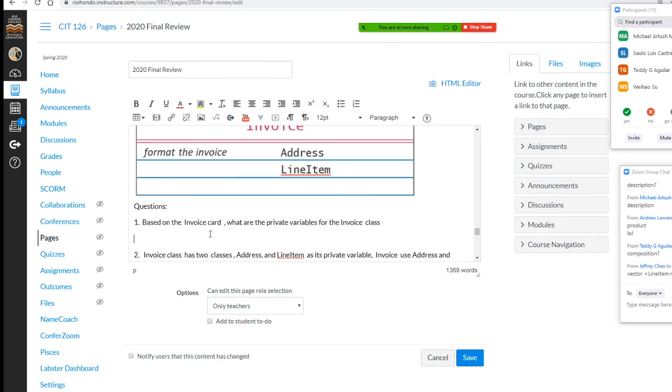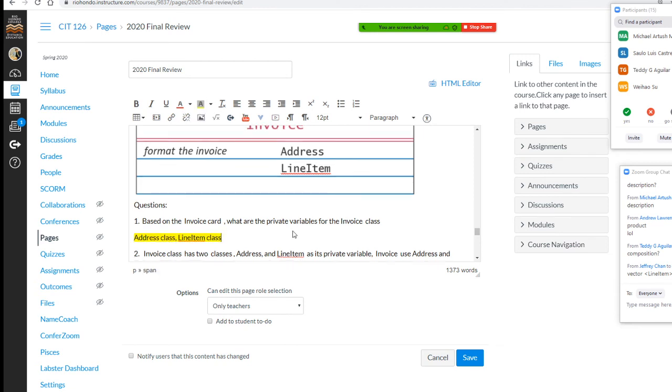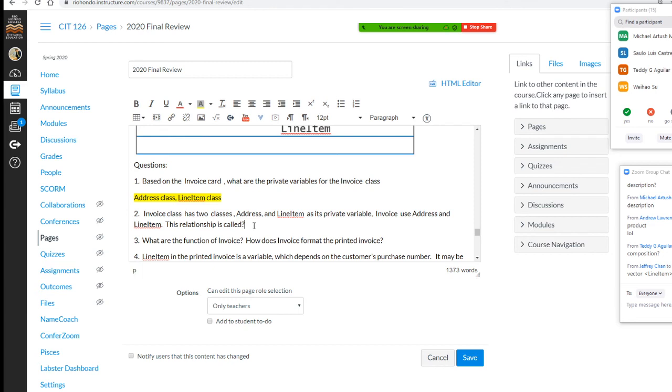People see a piece of paper; you see function and class, you see address class, and you see line item class. You see two classes. So the invoice actually has two classes, address and line item.